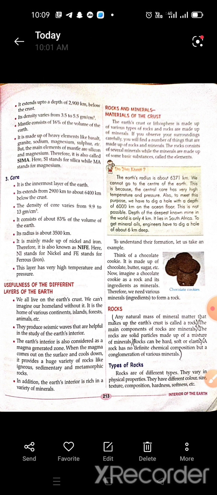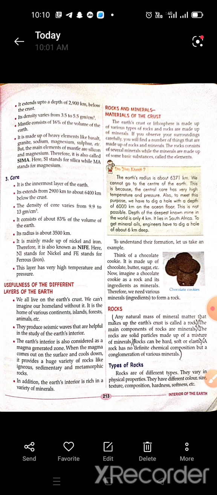The interior layers produce seismic waves that are helpful in the study of the earth's interior. Seismic waves also give us information about earthquakes, and they let us know about the interior of the earth, as these seismic waves are produced in the earth's interior. The earth's interior is also considered a magma-generating zone.